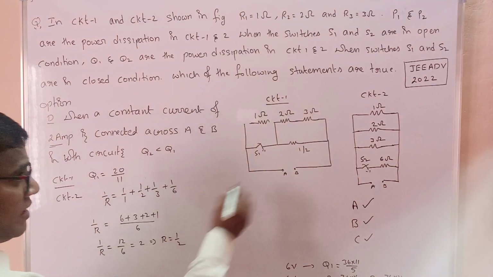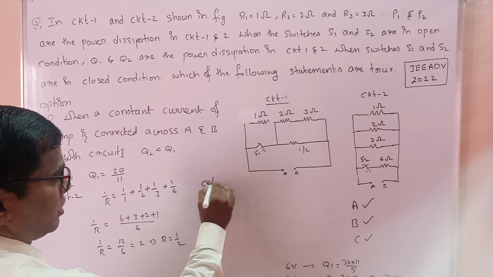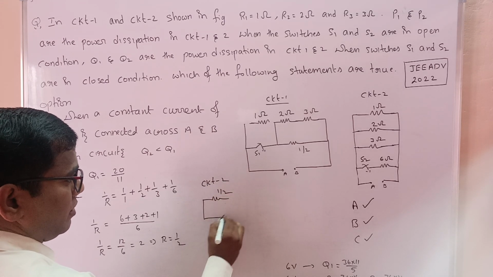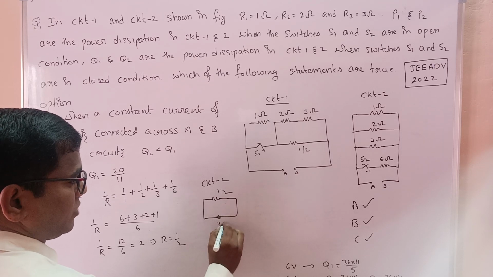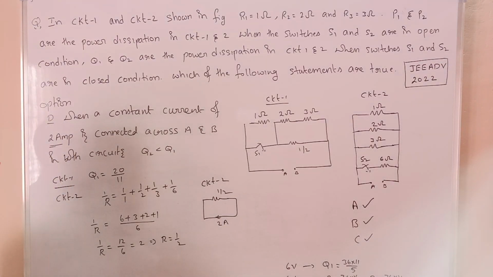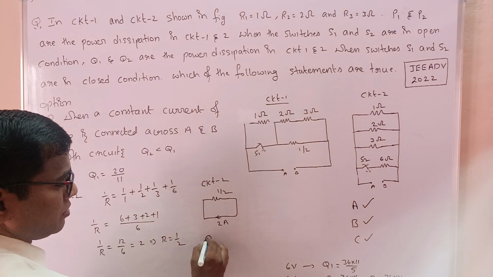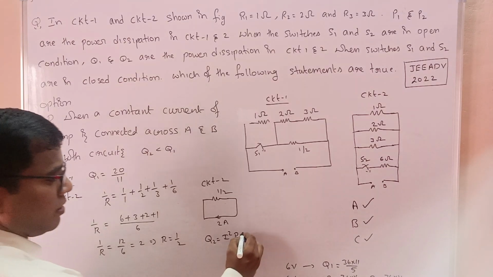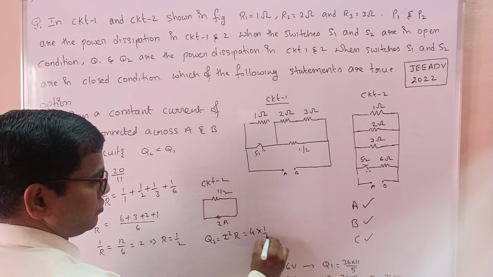Now the second circuit is modified as resistance 1 by 2, and current is 2 amperes. So power Q2 is equal to I square into R. I square is nothing but 4, into R which is 1 by 2, so it is 2.